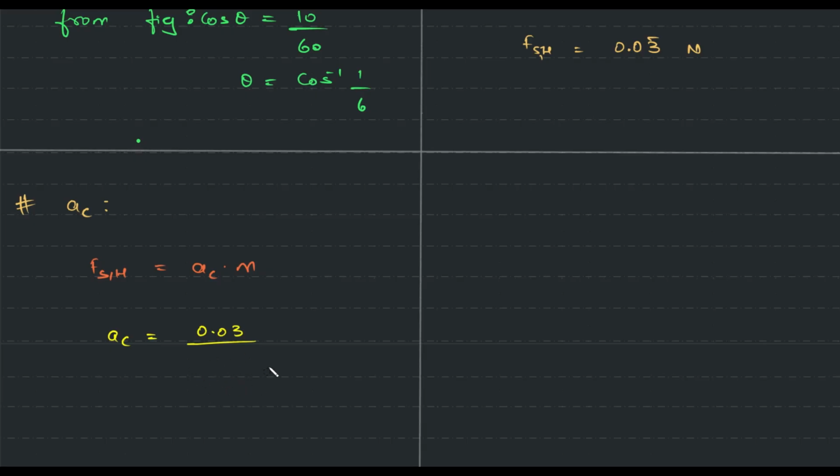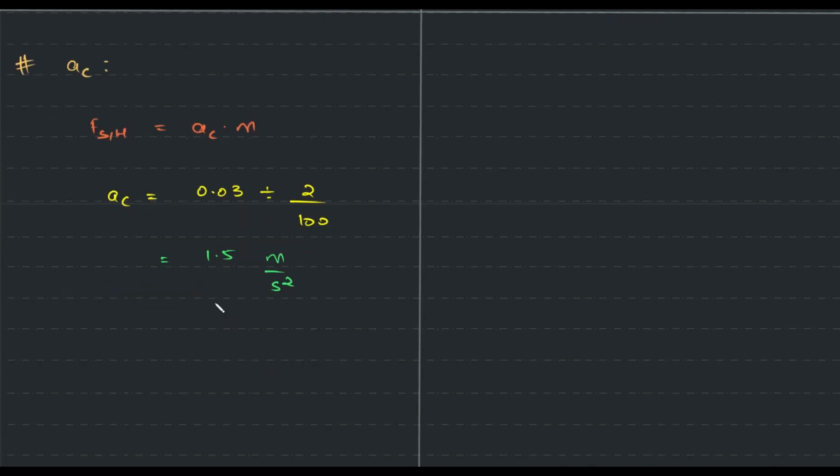I never like to write in this manner, it's kind of confusing. This is the best way to go about. So this is 1.5 meter per second square. I hope I didn't do any silly mistake over there.